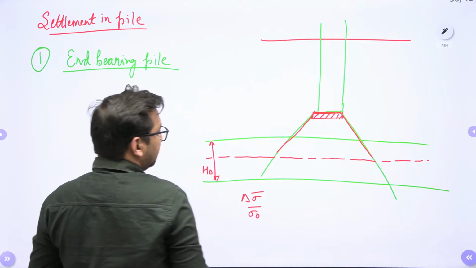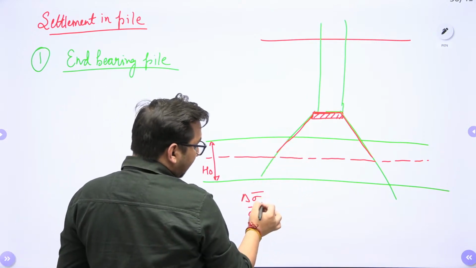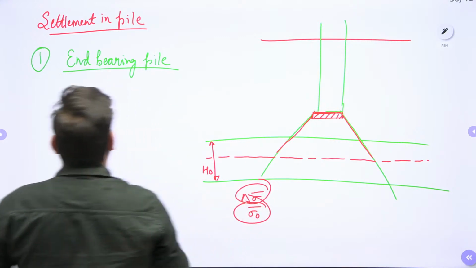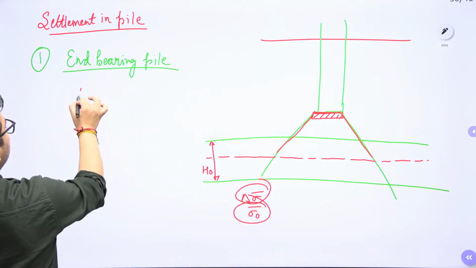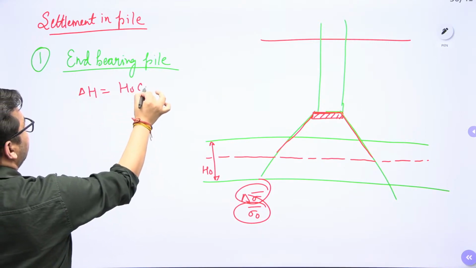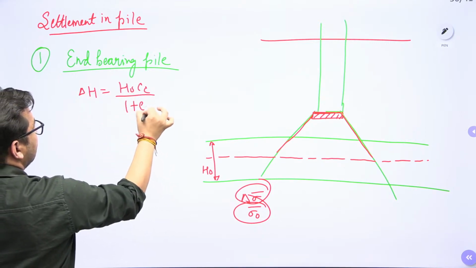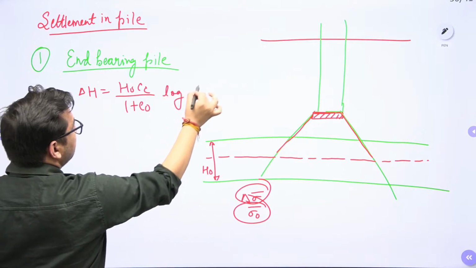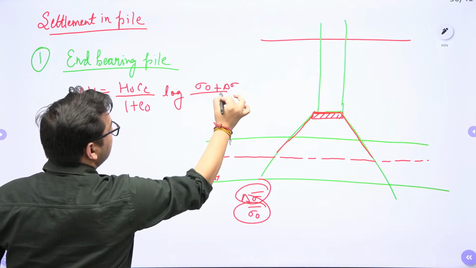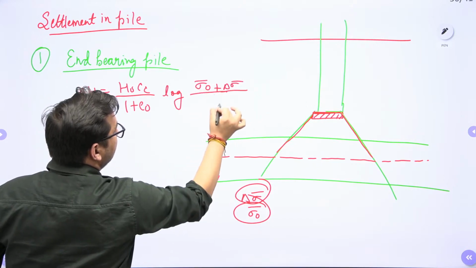This is H naught, this is the center of the compressible layer. So we will calculate the sigma naught bar value and the delta sigma bar value at this point, and we can use delta H is equal to H naught Cc upon 1 plus e naught log of sigma naught bar plus delta sigma bar upon sigma naught bar.